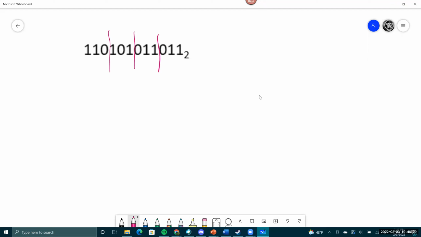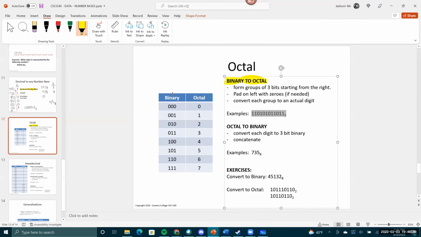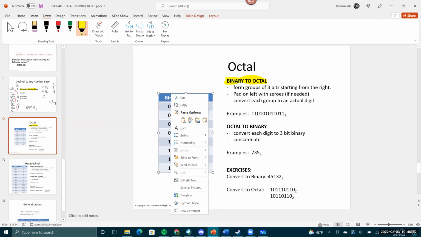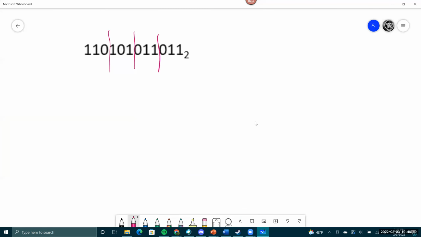So I have these groups of 3 bits. So what's the next step? The next step is to convert each of these groups into an octal digit. And this is a nice little table that was provided. Eventually, after a few weeks, you'll memorize this, because there aren't that many. But for the time being, use this table that you can refer to.